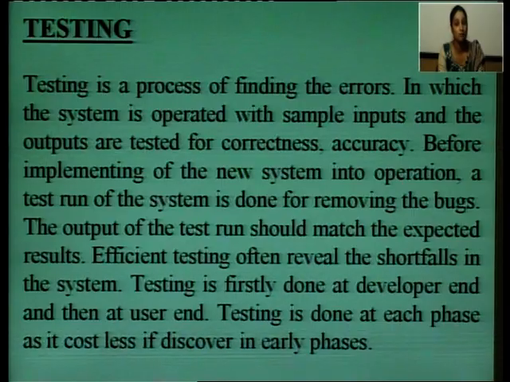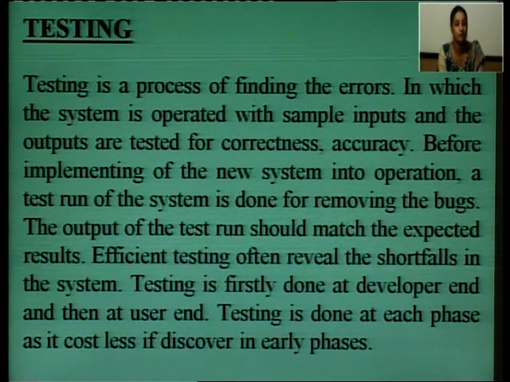Now, testing is a process of finding errors. It is a process to find the bugs and errors in the system, in which the system is operated with sample inputs and we get the output from those sample inputs. We test that output for its correctness and accuracy.